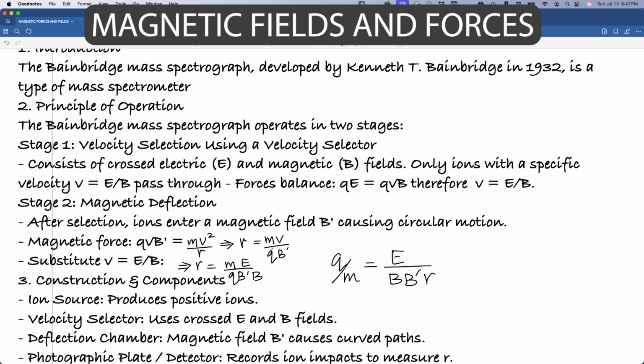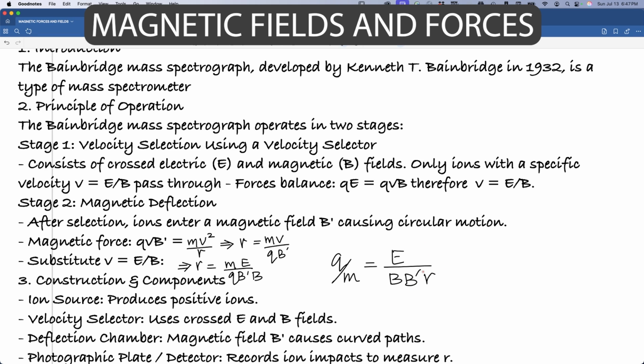But before we do that, remember that we can substitute for the velocity using this. So I've done that. Velocity is E by B. And then finally you end up with this formula from which I have made the charge by mass ratio the subject. And you get this. What does it show?